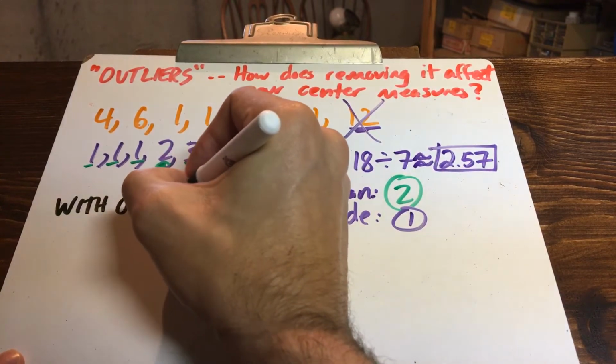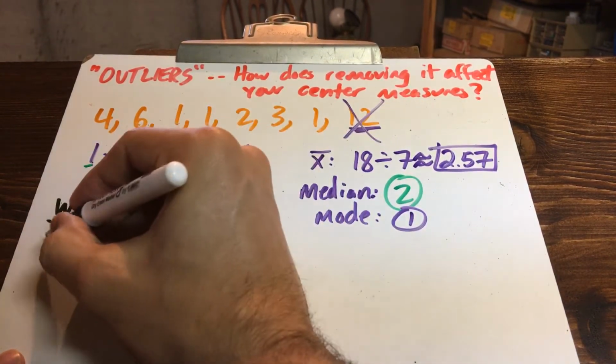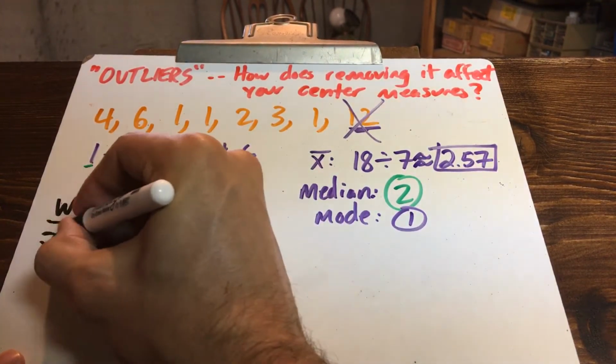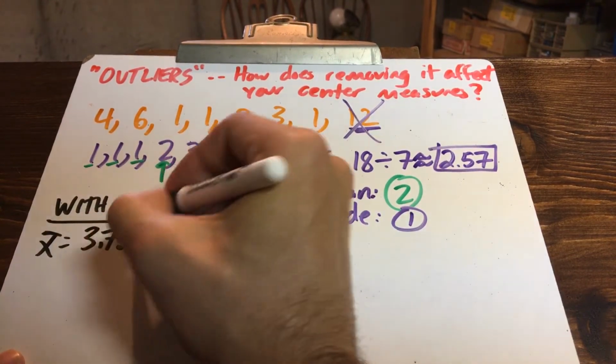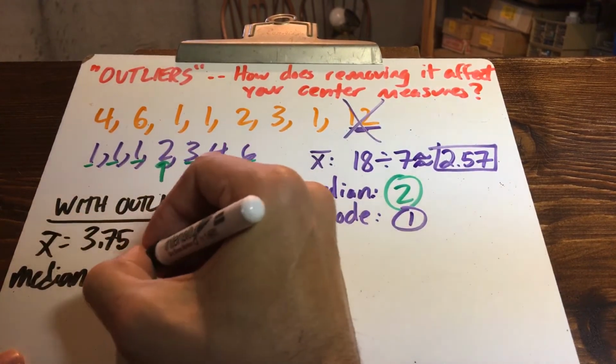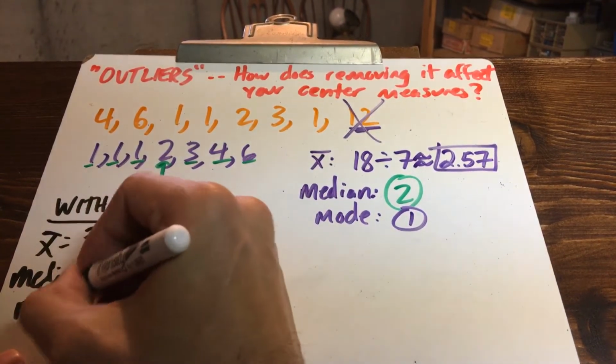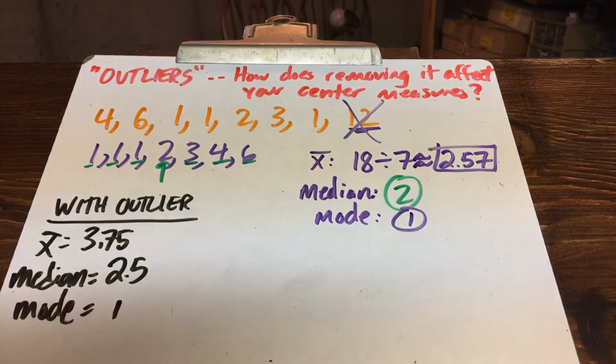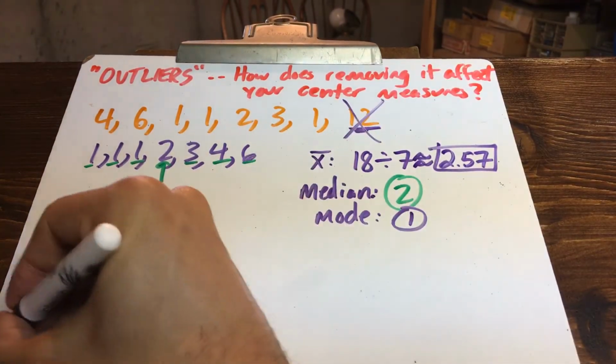With all the numbers in the list, with all 8, here's what we had on our first answers. The mean was 3.75. The median originally was 2.5, and the mode was 1. All right, so here was our first list of answers.